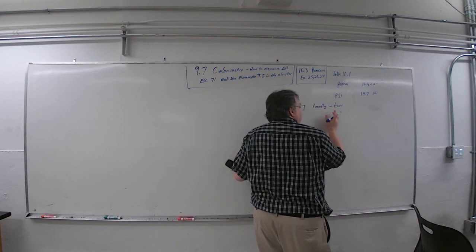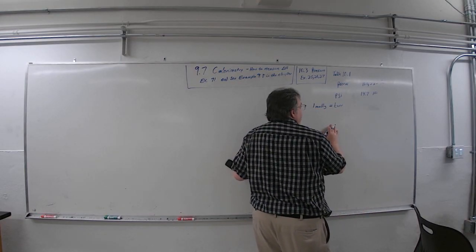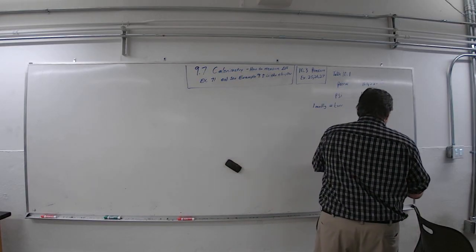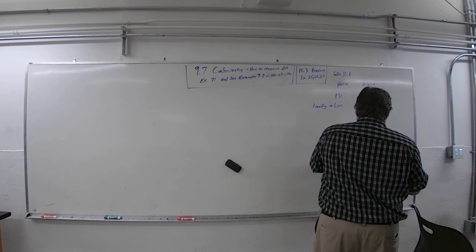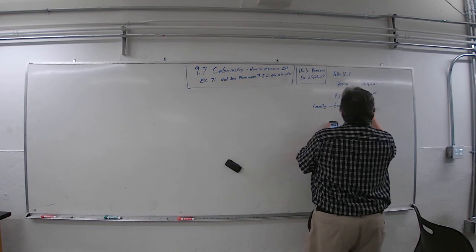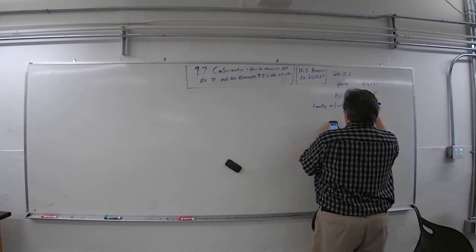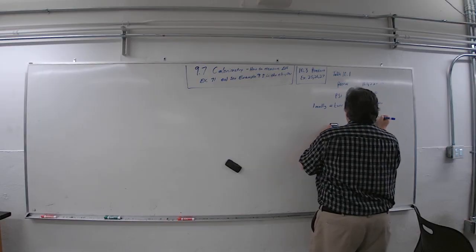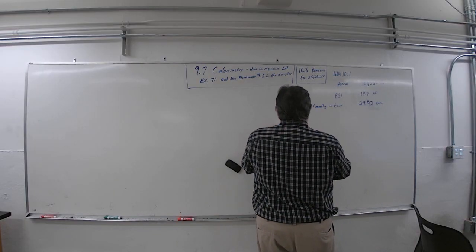So millimeters of mercury is that apparatus I just described. It's also called a torr, but I won't go into that stuff. 29.92 torr, aka 1 millimeter of mercury.